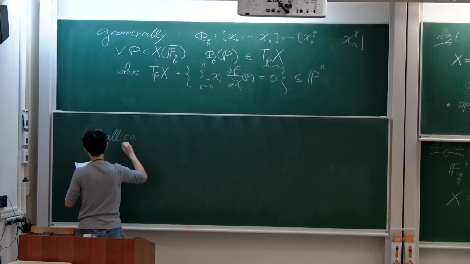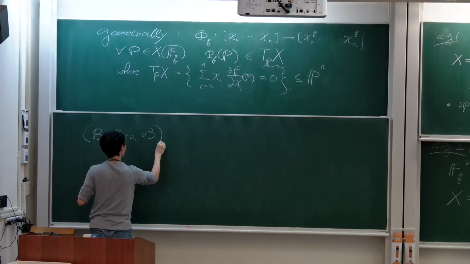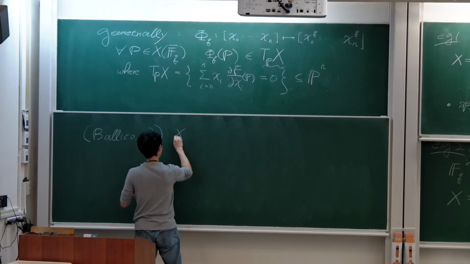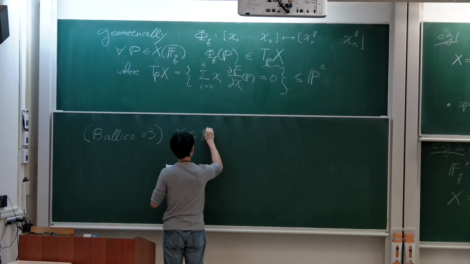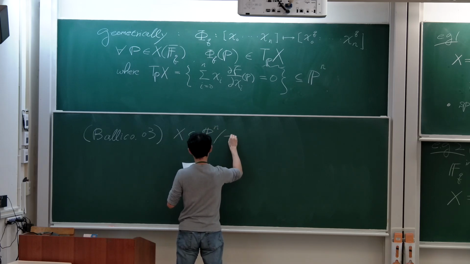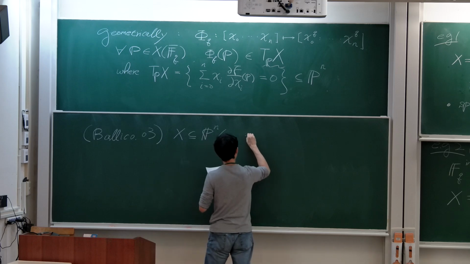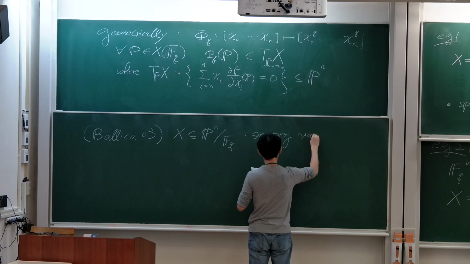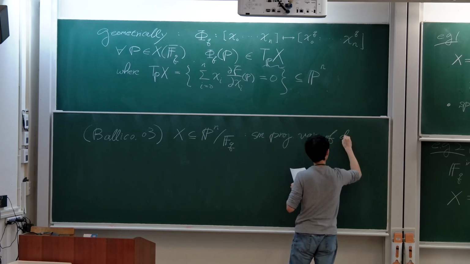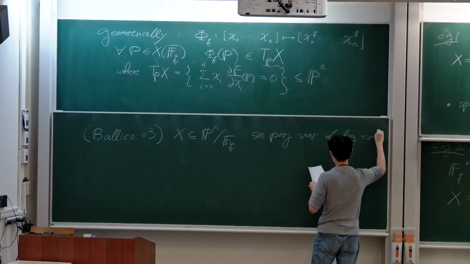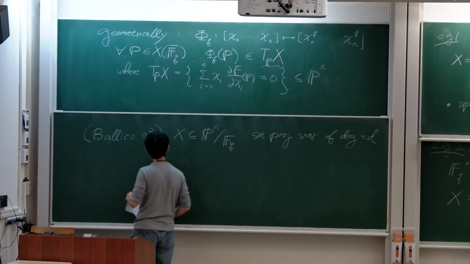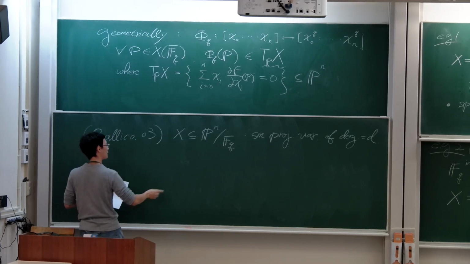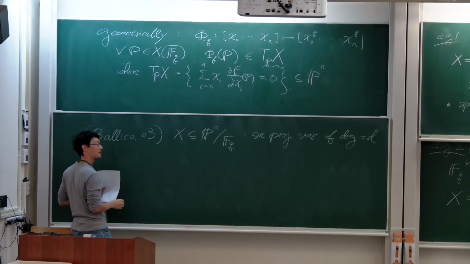In this direction, I think the first person studying this kind of problem is Poonen. He has a result. The result says that suppose you have a smooth projective variety X of degree d over a finite field Fq. The question is how large q should be in order to get some smooth section.